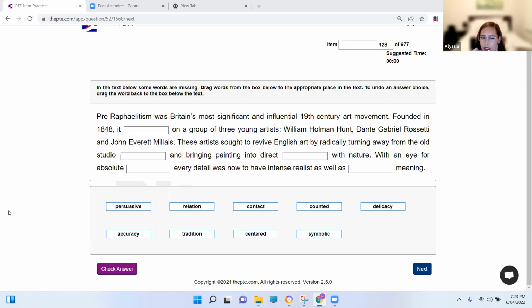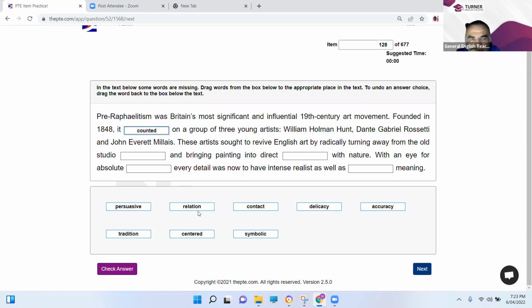The first one, counted. It counted on a group of 3 young people. Do you know what it means to count on someone? To rely on someone. So you can count on me whenever. Number 2.